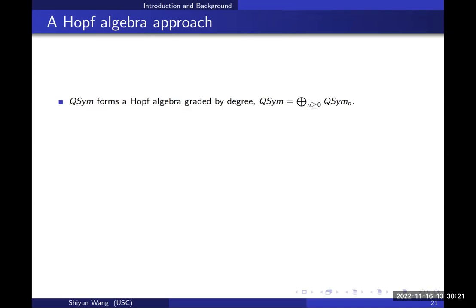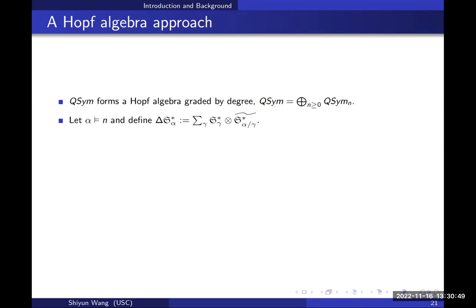So recall that the QSym is a Hopf algebra graded by degree, as a direct sum of QSym_n. And in the Hopf algebra, we can use the coproduct to write the coproduct of S alpha as a sum of tensor products of two elements, and one we call a skew-shaped element.